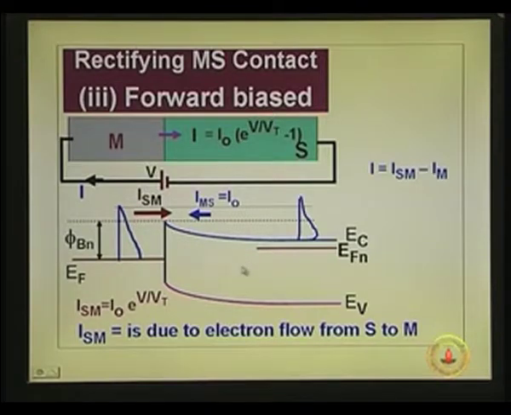This is the original Fermi level, which was parallel in thermal equilibrium. Now, because the applied voltage V is positive in the direction opposing the built-in potential, you are increasing the energy levels in this portion, and the whole thing goes up. The difference between this level and this level is the applied voltage.